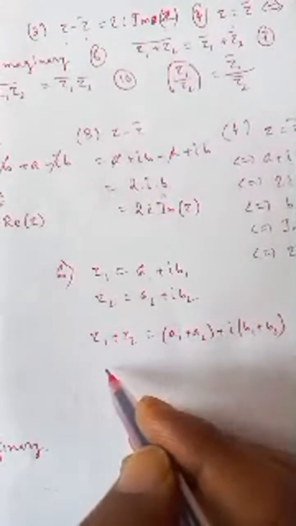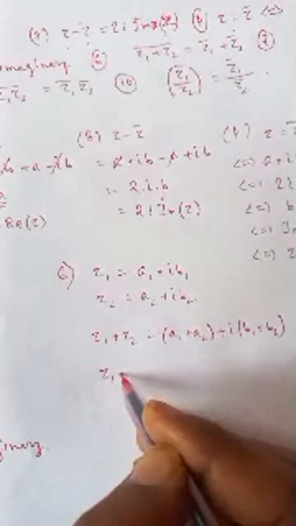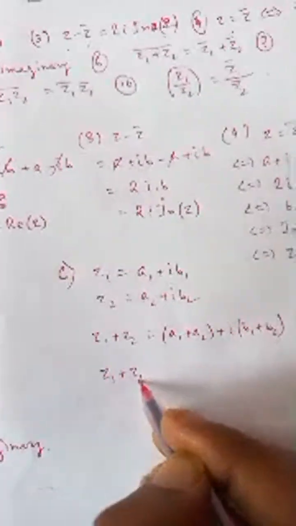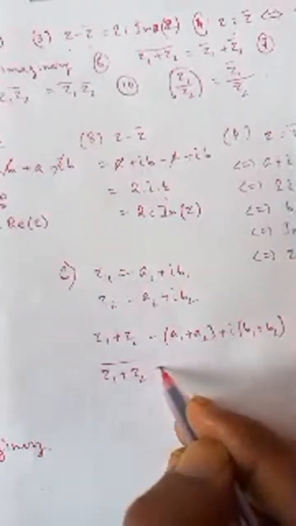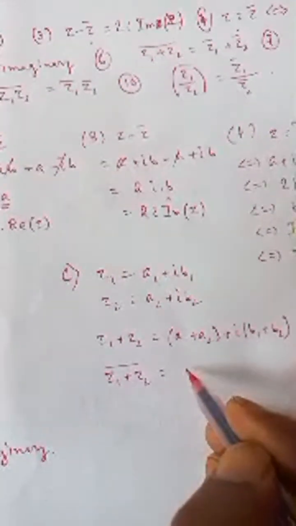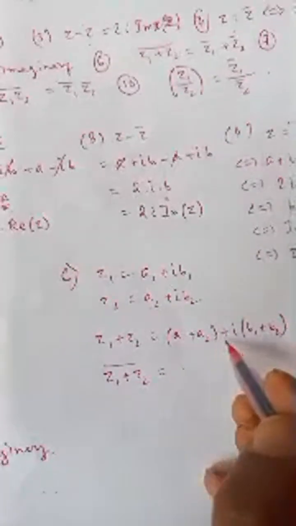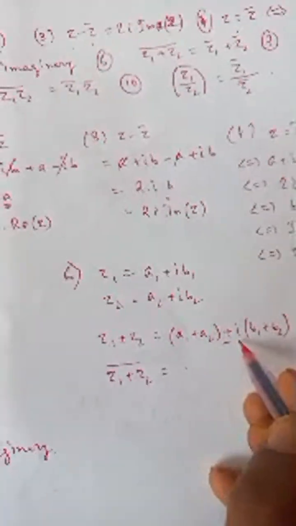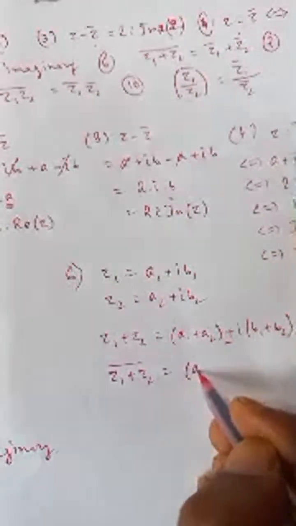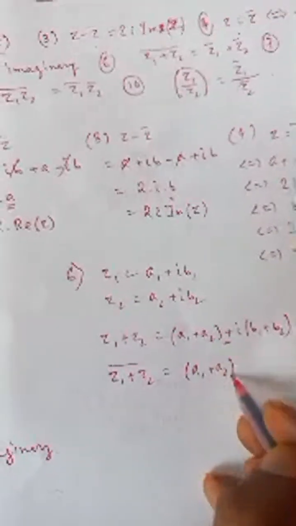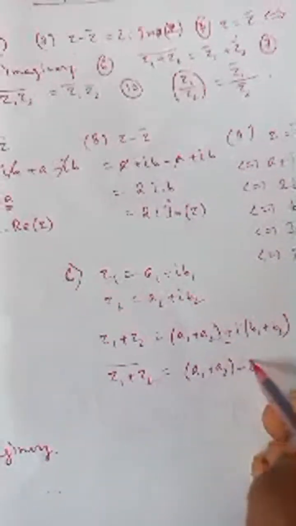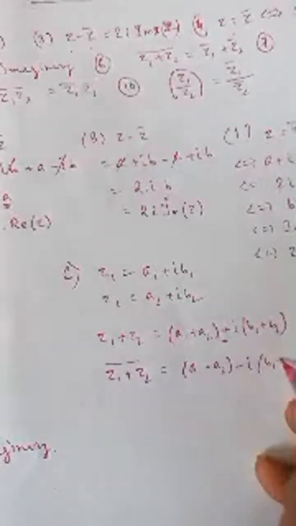Now, if we take the conjugate of this complex number Z1 plus Z2, the negative sign comes before the iota. This will be a1 plus a2 minus iota times b1 plus b2.